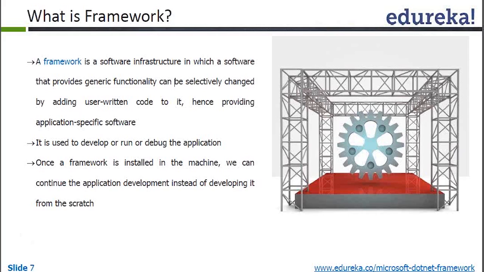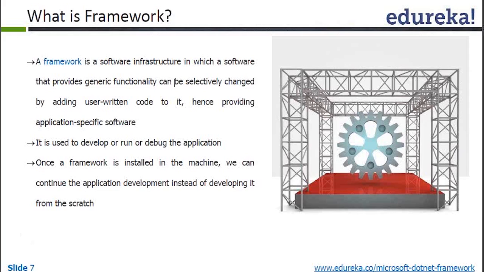A framework is software infrastructure in which software that provides generic functionality can be selectively changed by adding user written code to it, hence providing application specific software. I'll tell you a small example here. If you have an infrastructure, we can directly go to application development.